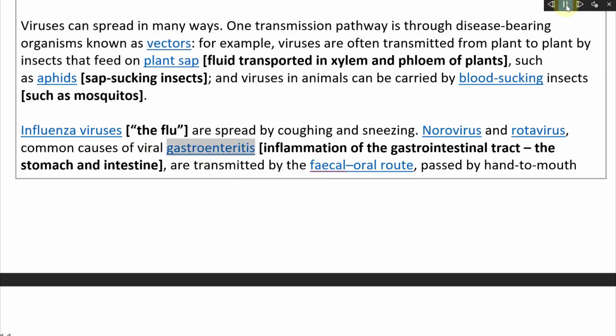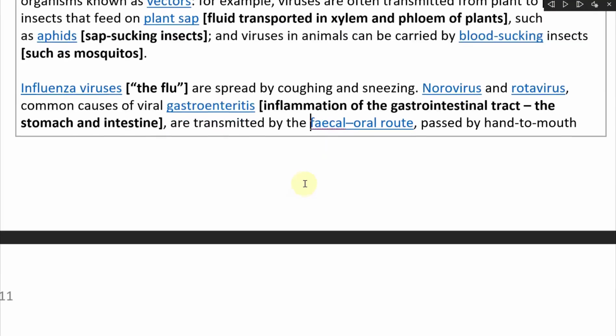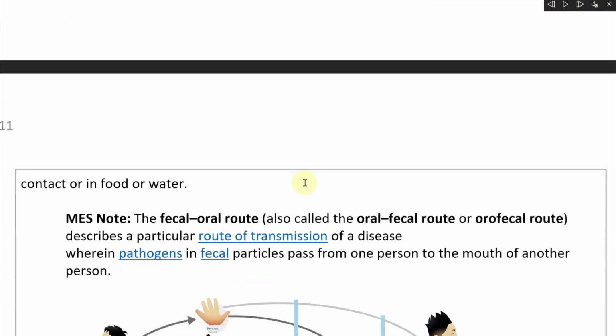Viral gastroenteritis, which is inflammation of the gastrointestinal tract, which is the stomach and intestine, and they are transmitted by the fecal-oral route. See the pronunciation of this one. I'll just call it the fecal-oral route, passed by hand-to-mouth contact or in food or water.